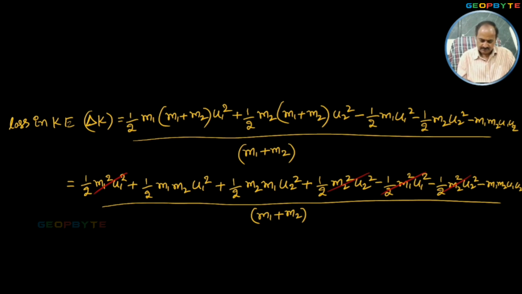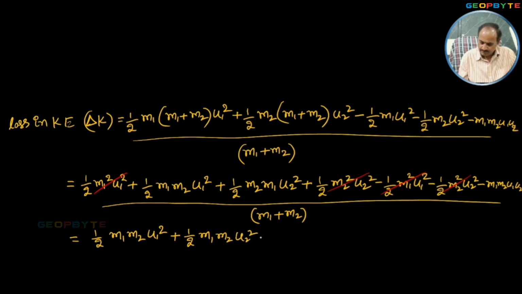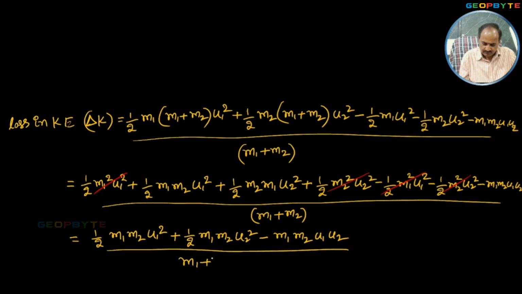Then it can be written as half m1 m2 u1 square plus half m1 m2 u2 square minus m1 m2 u1 u2, divided by m1 plus m2.